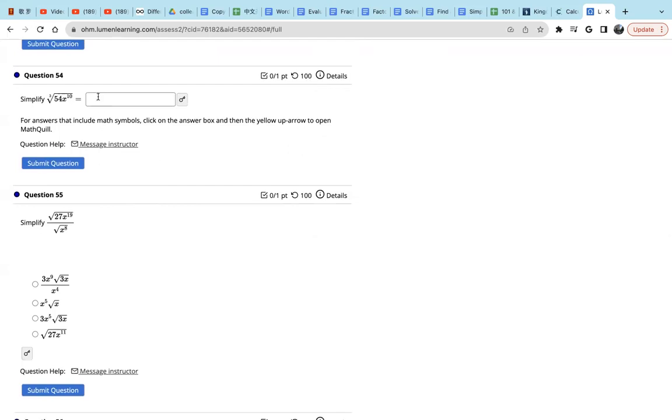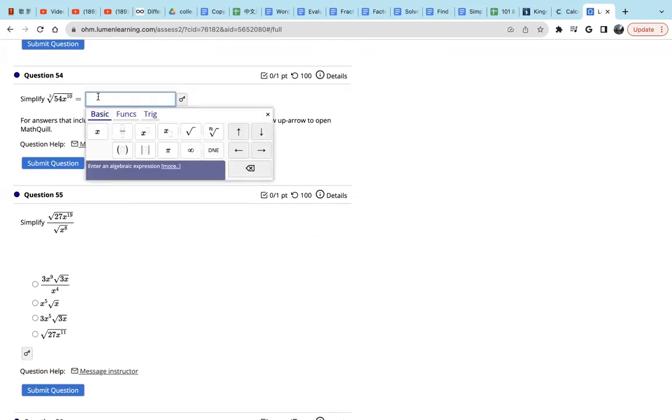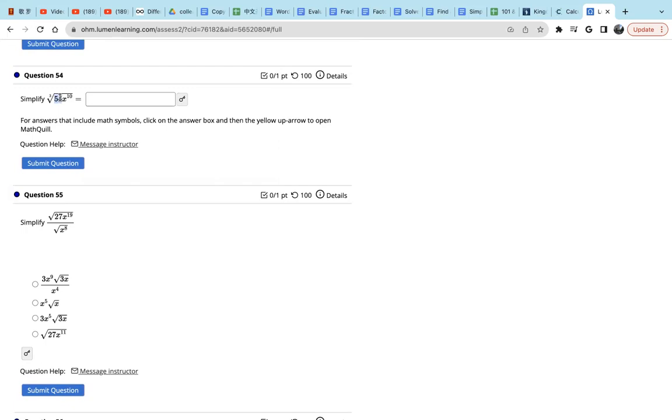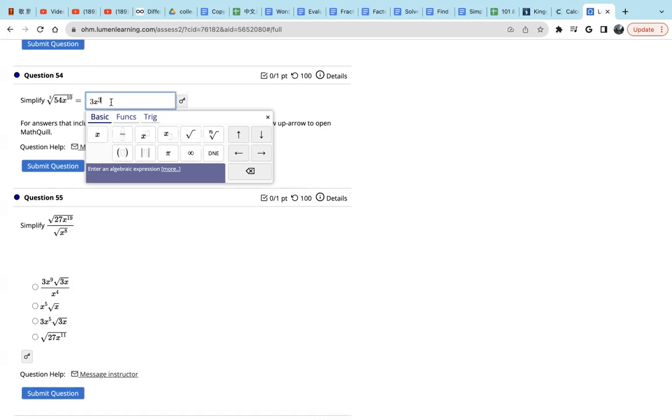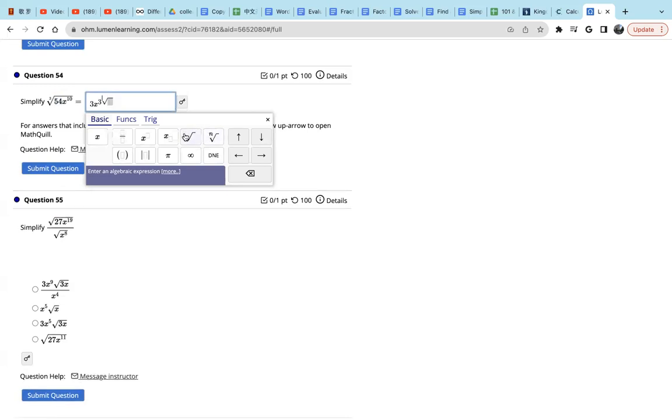Let's see 54. Oh, this is question 54 and this number 54. 54 equals 27 times 2. 27 is 3 cubed, so 3 comes out. Then x raised to 10 can be split into x raised to 9 and x. So we still have a cubic root.